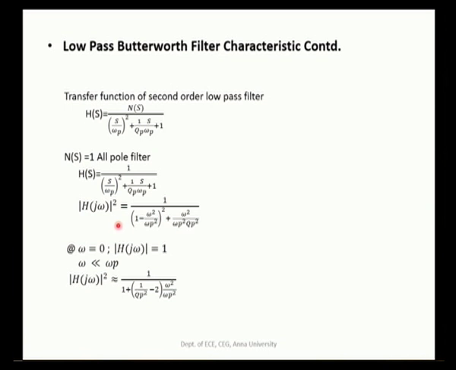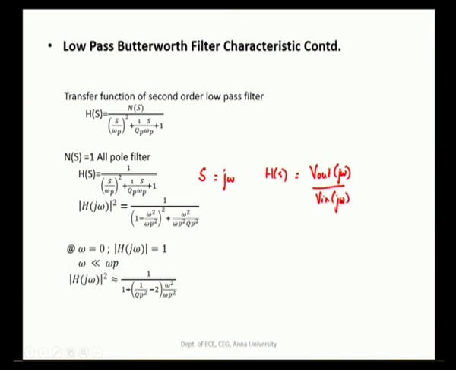Now, the magnitude of this filter, H of j omega mod squared, is given by 1 by these factors here. S is equal to j omega is substituted here, and as we know, H of s is again a function of frequency, which is V out of j omega divided by V in of j omega.